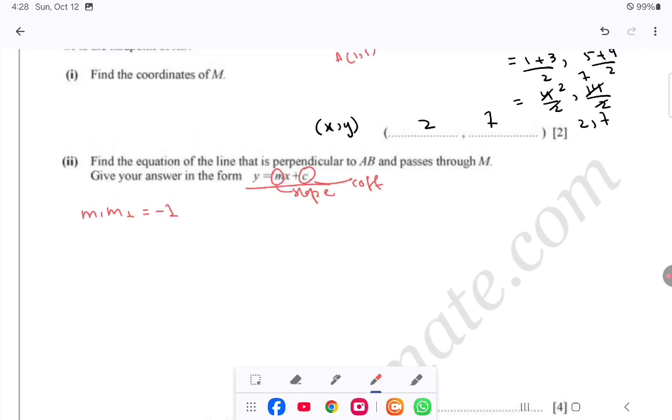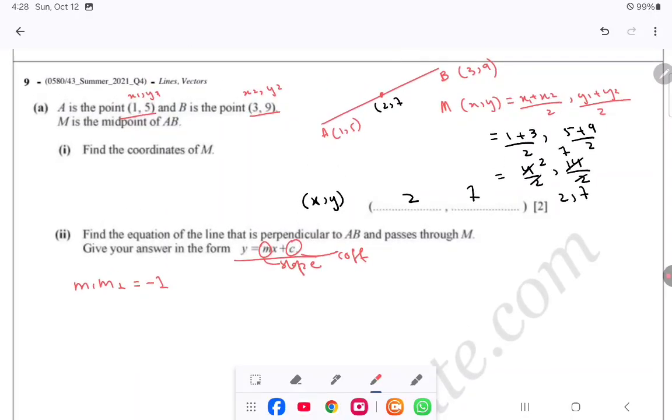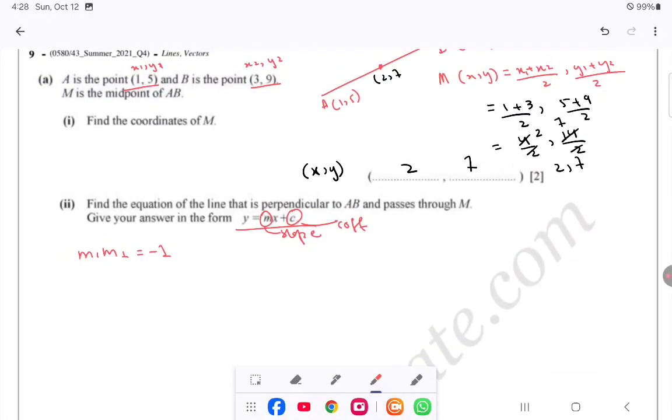So it says that the line is perpendicular to AB. The AB slope, we haven't calculated yet. So first we have to calculate the AB slope. The slope of AB is equal to, formula of slope is y2 minus y1 over x2 minus x1.